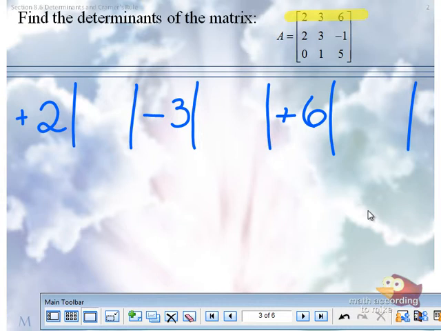So this 2 here relates to this 2 in the first row, first column. If we were to take out the first row and the first column, what resulting 2 by 2 are we left with? Good.